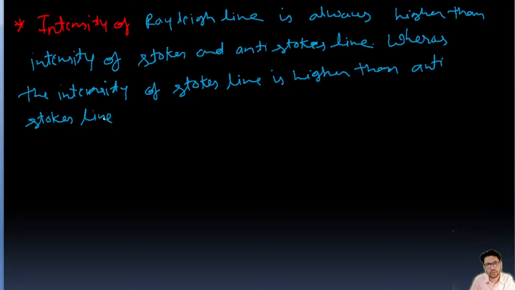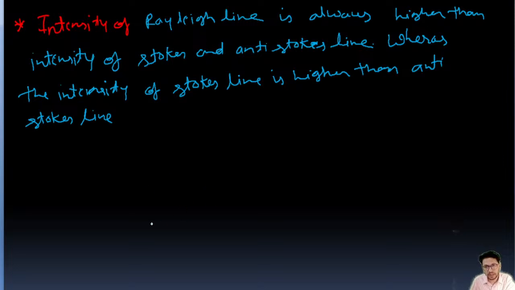So you need to note it and memorize it, guys. The intensity of Rayleigh line is always higher than the intensity of Stokes and anti-Stokes line, whereas the intensity of Stokes line is higher than anti-Stokes line.